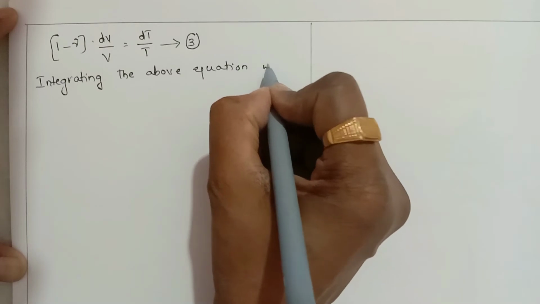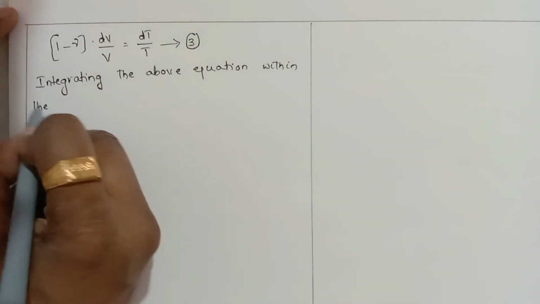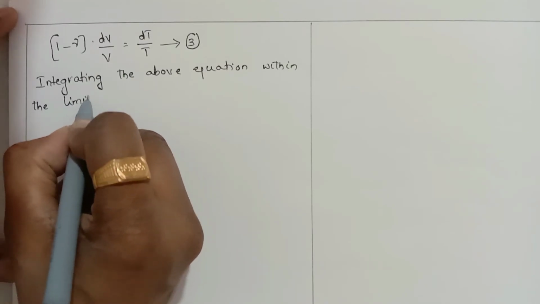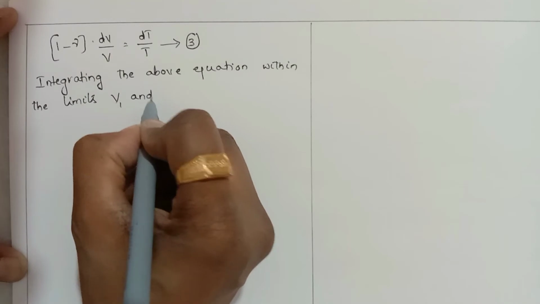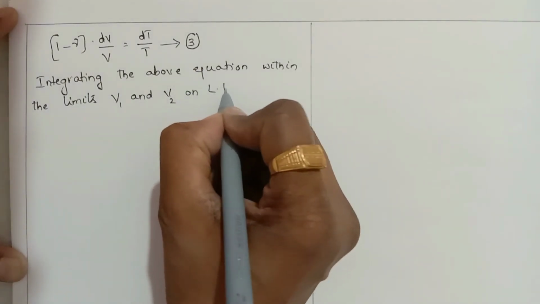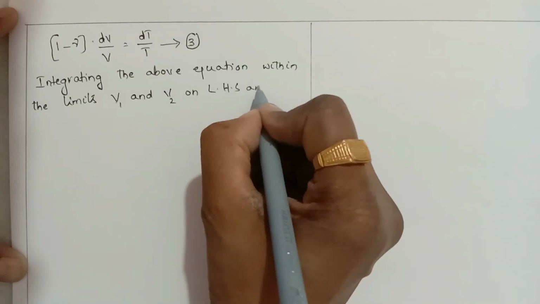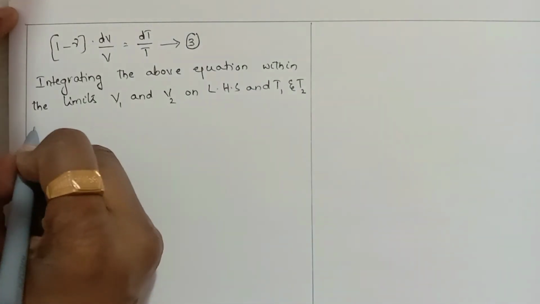Above equation within the limits V1 and V2 on the left hand side and T1 and T2 on the right hand side.